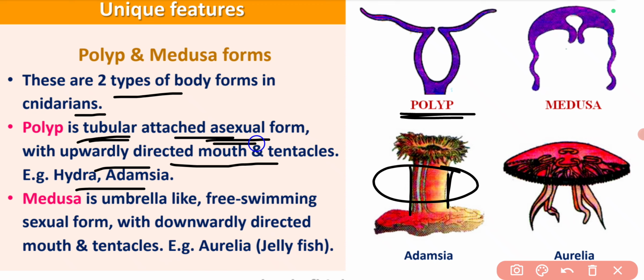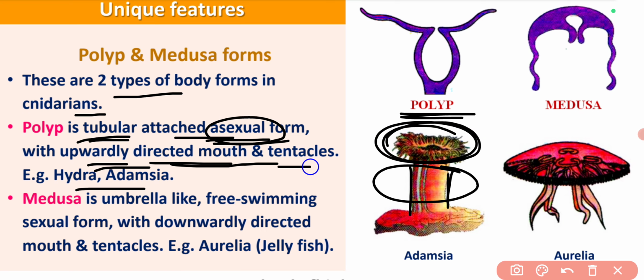So the polyp shows an asexual mode of reproduction, with the mouth upwardly directed, and tentacles are also there. You can see them in the hydra.